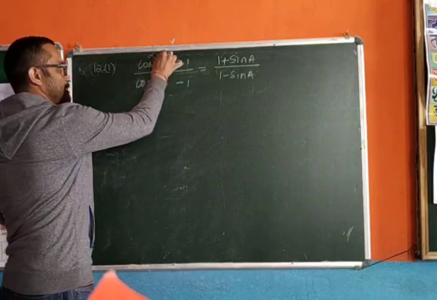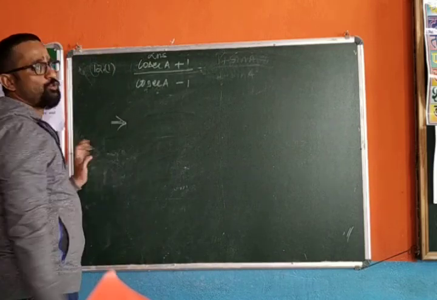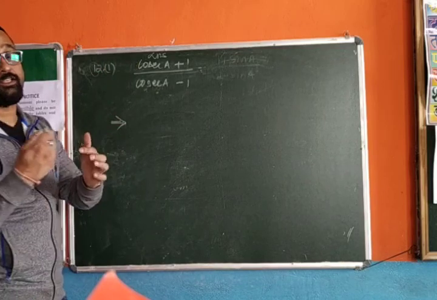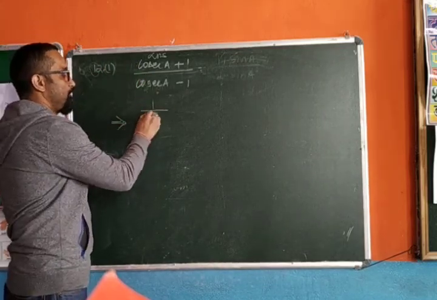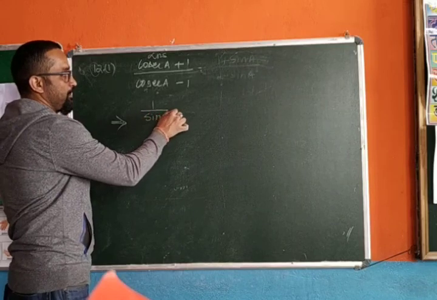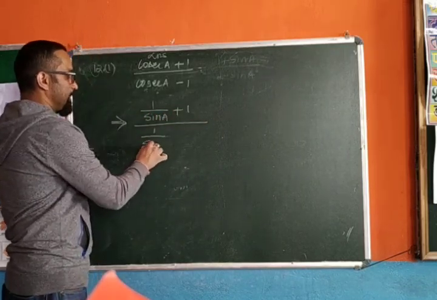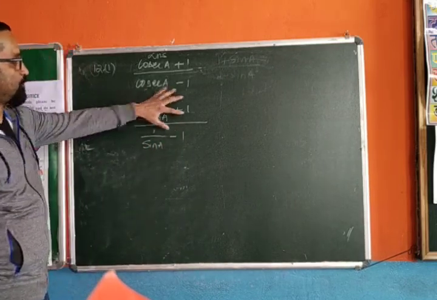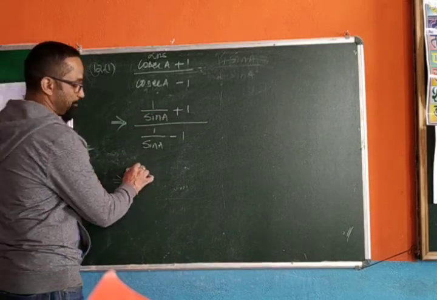Left hand side. You have to get sine on the right hand side, so this cosec you can change into sine. Reciprocal relation, 1 divided by sine A plus 1, 1 divided by sine A minus 1. Fraction plus whole number, take the LCM to simplify it.